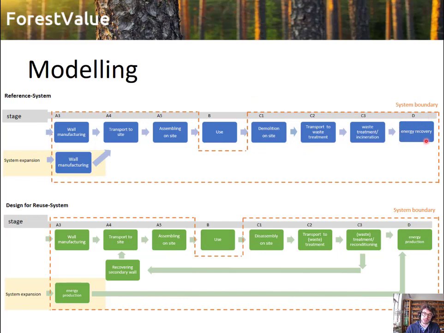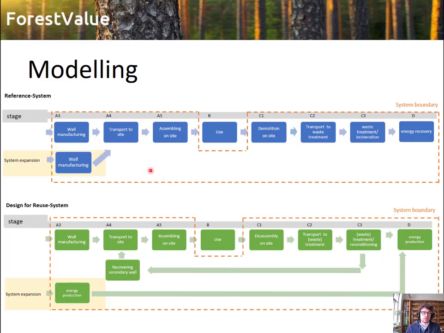But it generates more energy at the end of life because the entire wall is incinerated, whereas the wall number 1 is here recycled into the second one. So only a fraction of the energy is produced here at the end of this system.